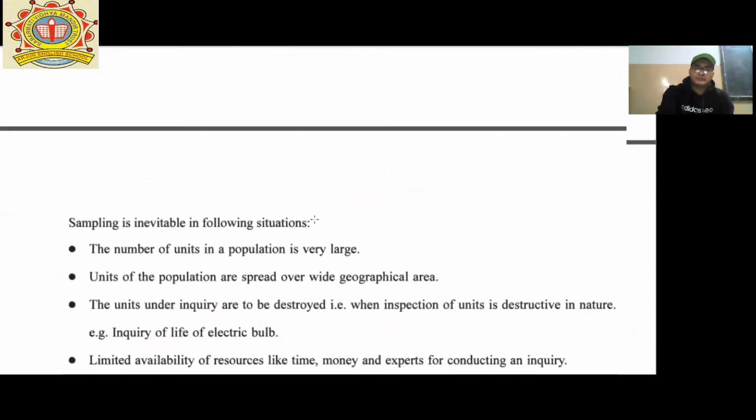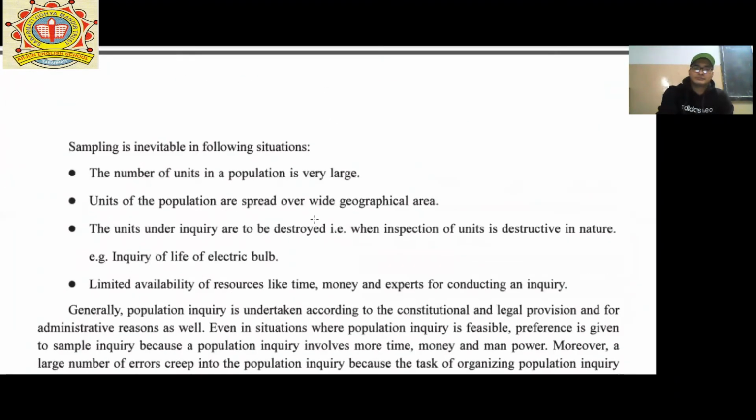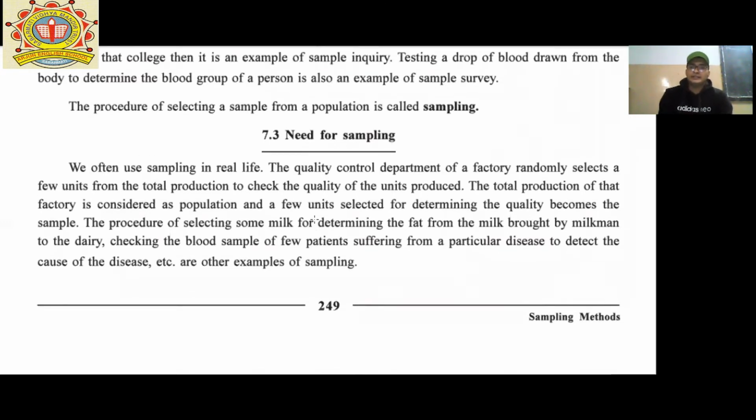Next one, needs for sampling. Sampling is inevitable in the following situations. First of all, what are the needs? We often use sampling in real life. The quality control department of a factory randomly selects a few units from the total production to check the quality of units produced. One student in a class represents all the students.